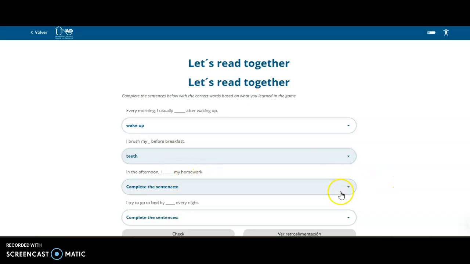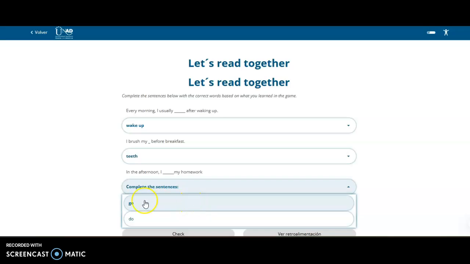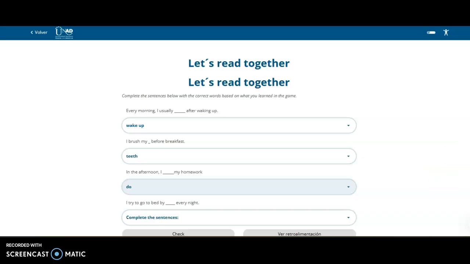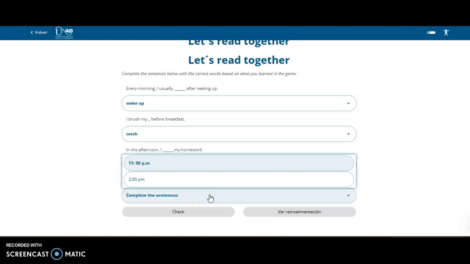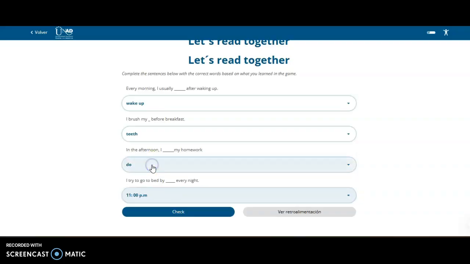My homework. In that case, they select what verb: they go my homework or they do? In that case, they do the homework. And the other one, I try to go to bed by, what about time? At 2 p.m. or at 11 p.m.? In that case, at night, 11 p.m.